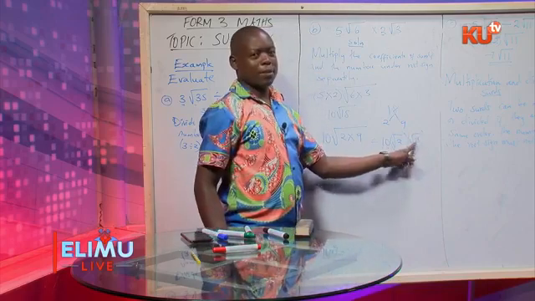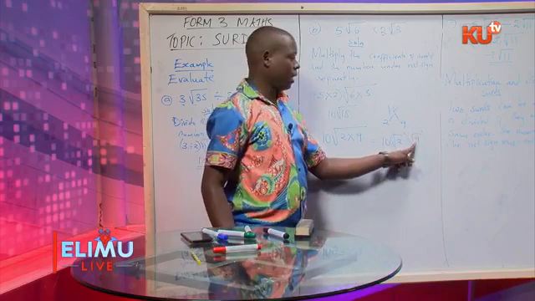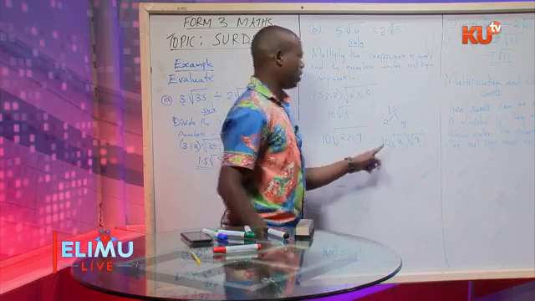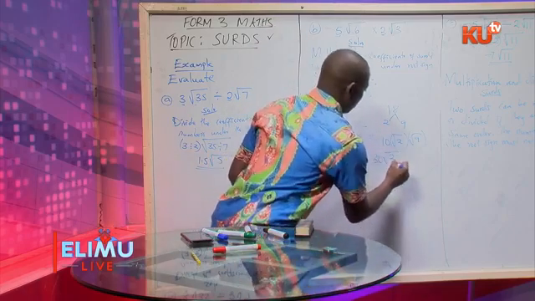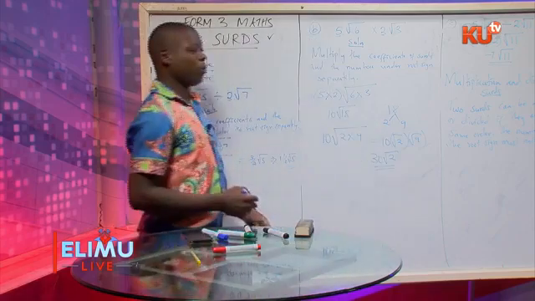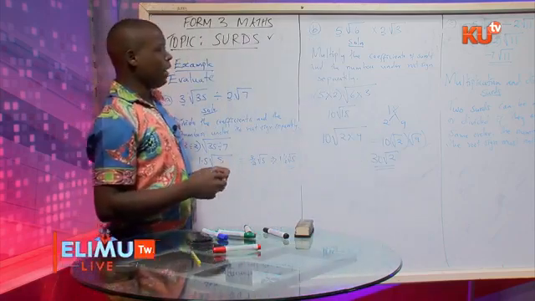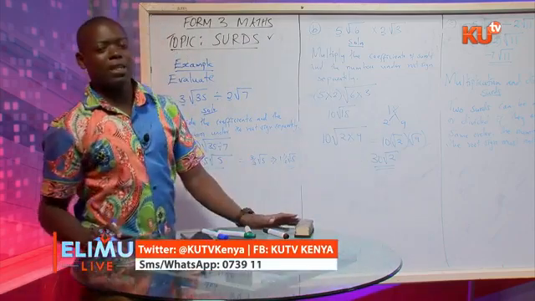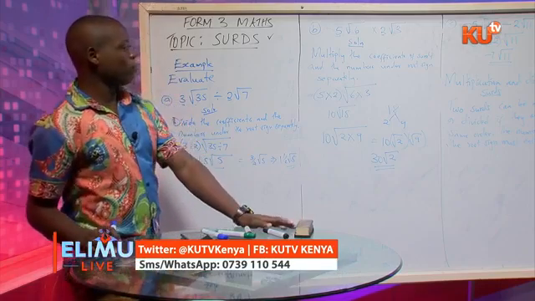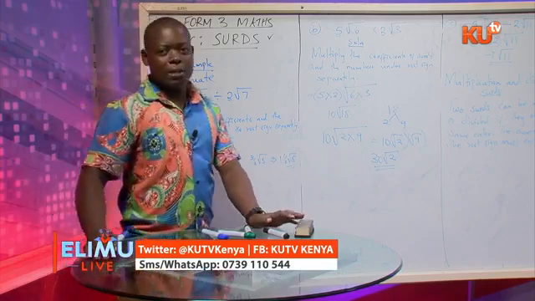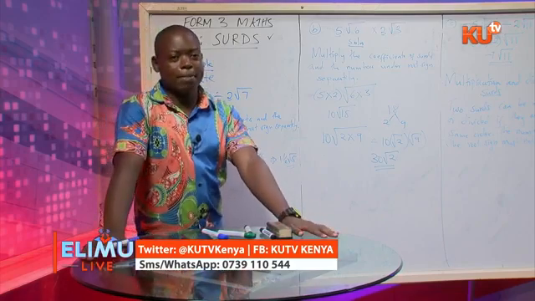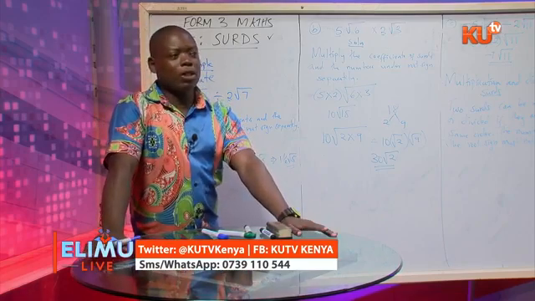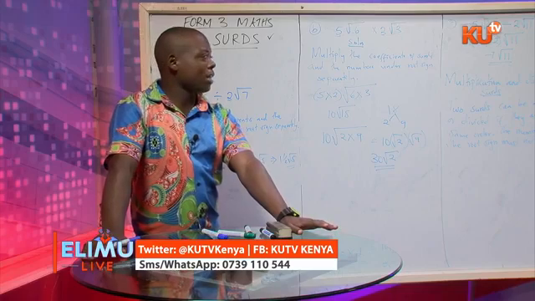What's the square root of 9? 3. 3 times 10, 30 root 2. That becomes the final solution. So you can find a situation whereby you work out the surds and you come to a point where you have to simplify the surds. It is possible because we've already discussed how to simplify the surds.